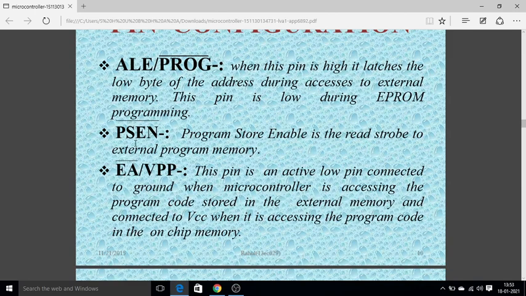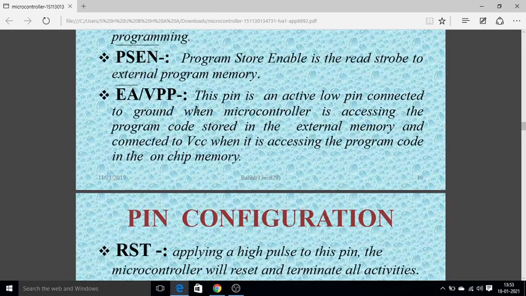And it is program store enable. Program store enable is the read strobe to the external program memory, which indicates the status of the program memory. This pin is an active low pin connected to the ground. It is VPP, and it is for when the program code is stored in the external memory, connected to the VCC it is accessing the program code in the on-chip memory.